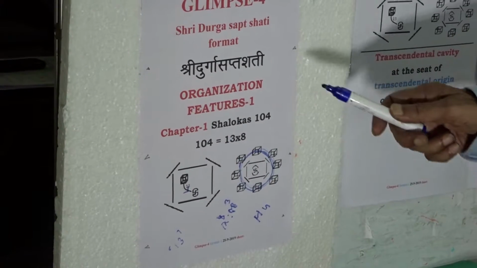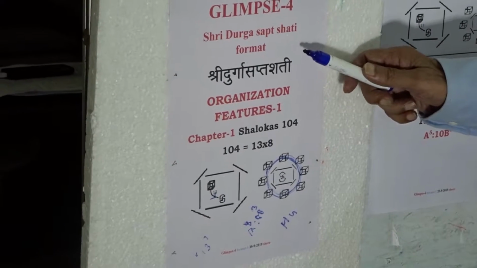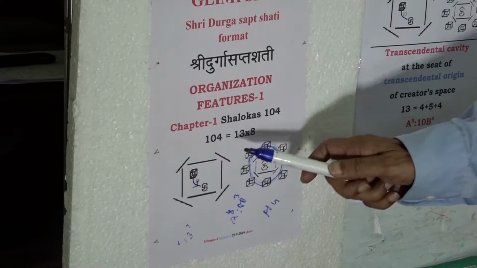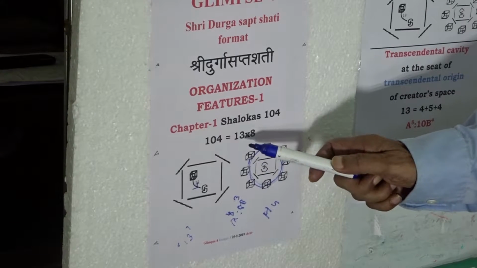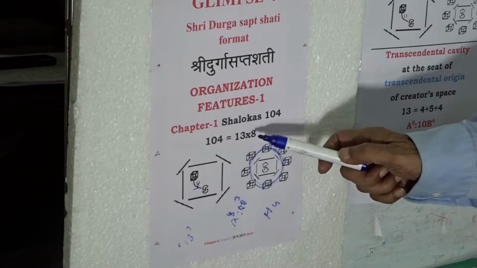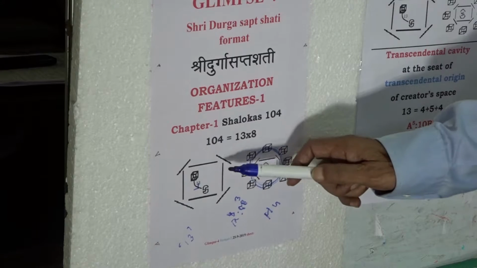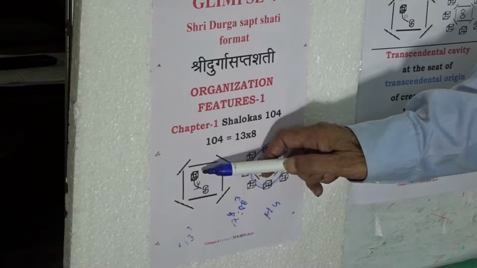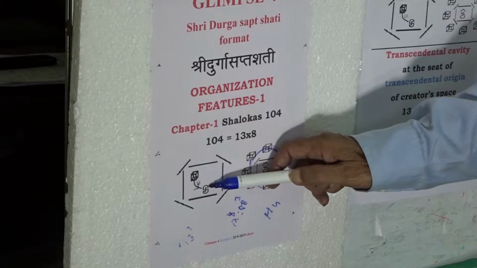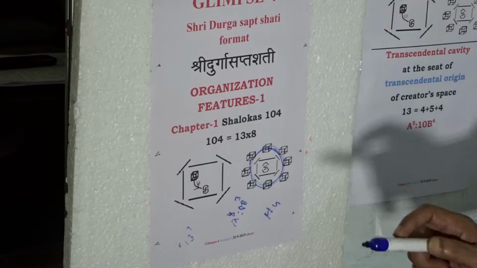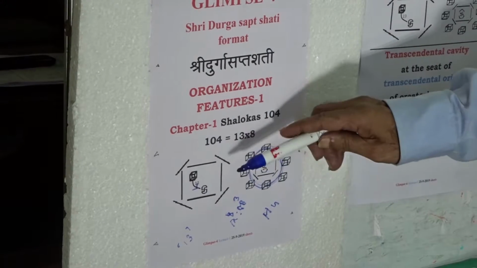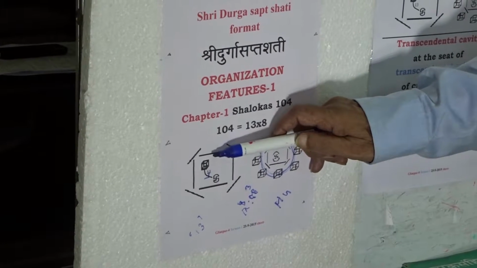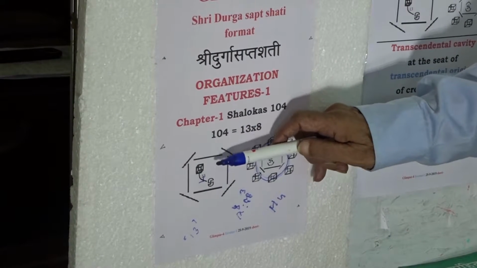Chapter 1 of Shri Durga Saptasati is a scripture of 104 shlokas. Value 104 accepts an organization 13 multiplied by 8. Within 4 space domain, 3 space body has a degree of freedom of motion towards the 4th dimension. Hypercube 3 is the representative regular body of 3 space. Cube is a 12 edged setup.